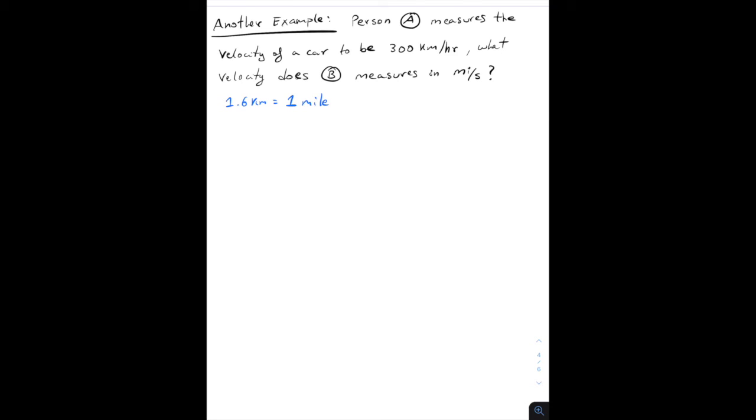So again, we can start by writing 300 kilometers per hour as 300 kilometers divided by 1 hour times the ratio for converting between kilometers and miles, which is 1 mile divided by 1.6 kilometers.